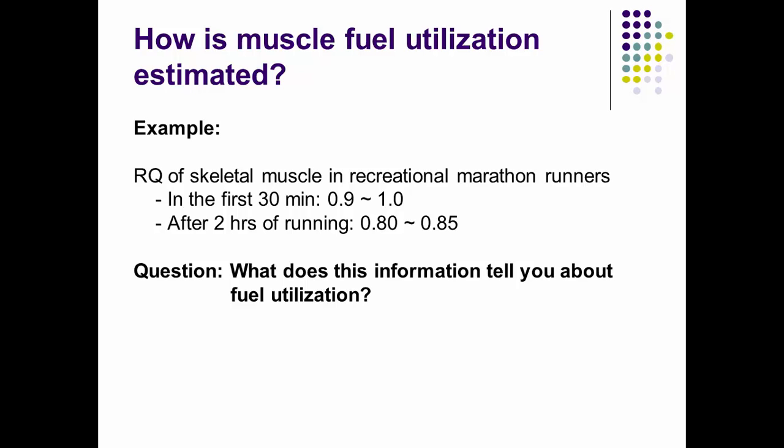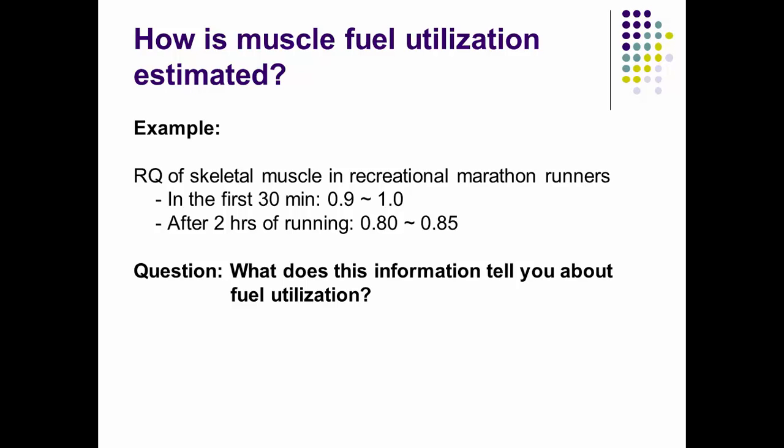After 2 hours of running, when we measure the RQ again, it actually decreased to 0.8 to 0.85. So what does this information tell us about the fuel utilization by this runner?